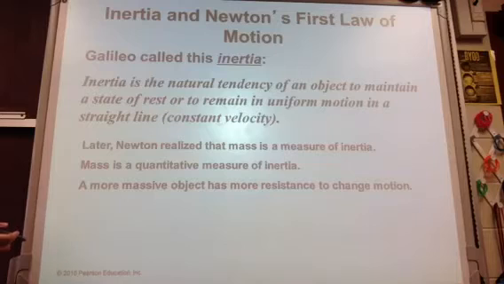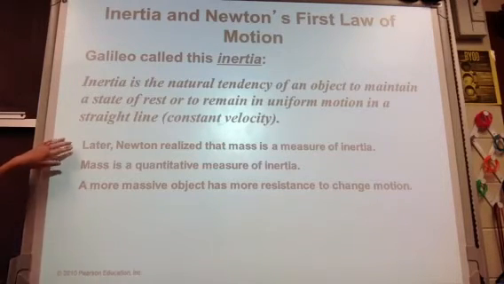Galileo really coined the term, or maybe the concept, inertia. And inertia is the natural tendency of an object to maintain a state of rest or to remain in uniform motion in a straight line. So thinking about this would be constant velocity. Inertia is an object's nature to resist a change in motion or to resist a change in velocity.